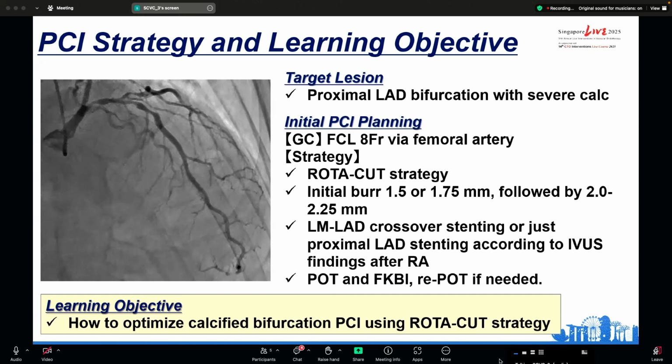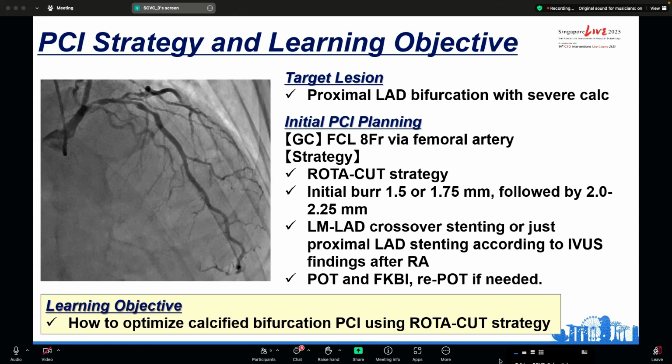The initial burr size will be 2.0 millimeter, followed by 2.25 millimeter to the proximal region. The final device will be determined based on the IVUS findings after rotational atherectomy, with plans for either left main to LAD crossover stenting or proximal LAD stenting. If necessary, we will perform POT and final kissing balloon inflation.